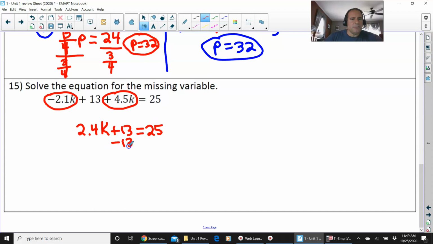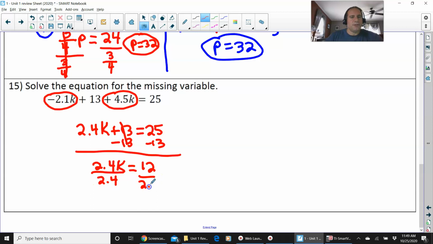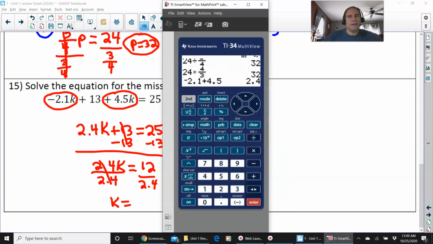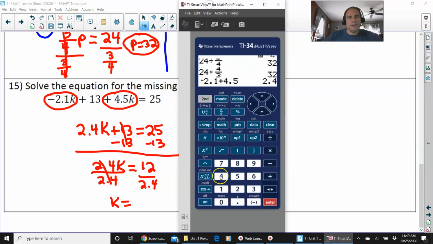You minus 13 on both sides. This cancels. You get 2.4k equals 12. Divide by 2.4 using the inverse operation, and k equals, and I'm going to bring the calculator up no matter what. Just use the calculator. You have 12 divided by 2.4 is 5.